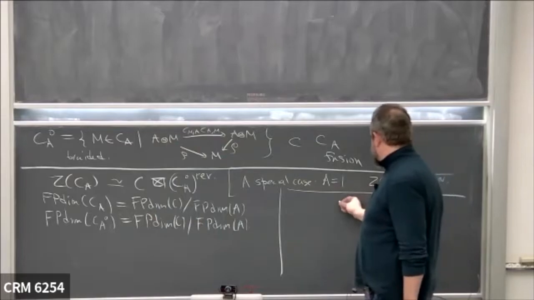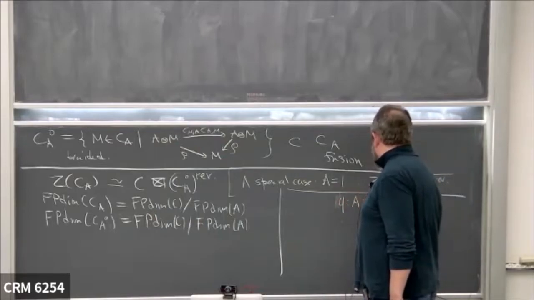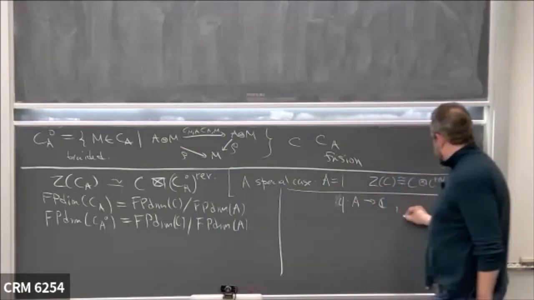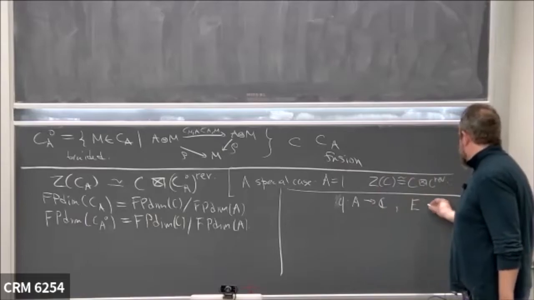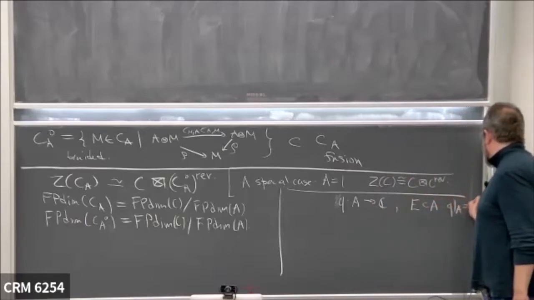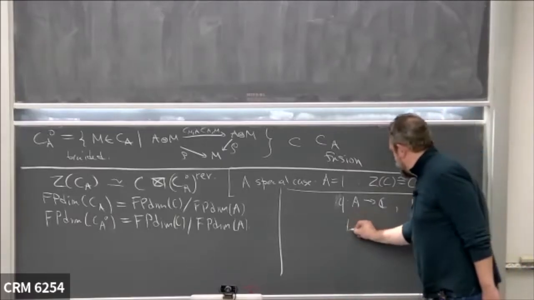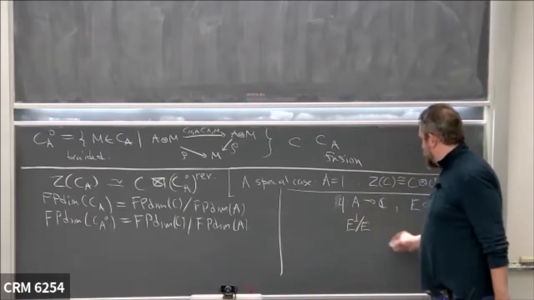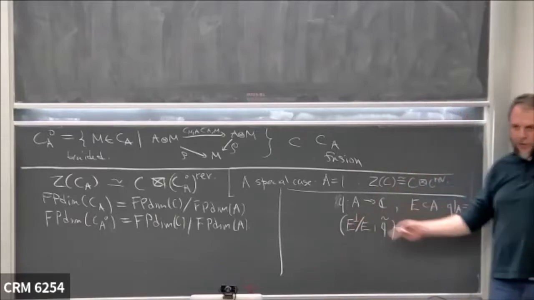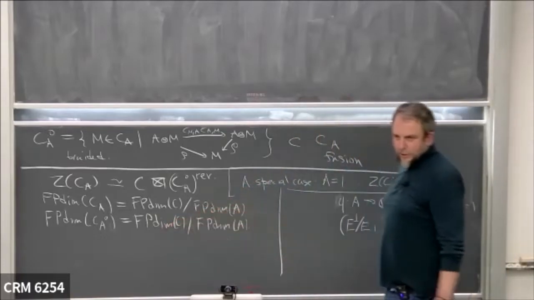If you have a quadratic form Q on a group A and E inside A such that Q restricts trivially on it, then you can define a new group with a quadratic form. And you can, of course, compute the order of this group, right? And it would satisfy the same formula for the order of the group.